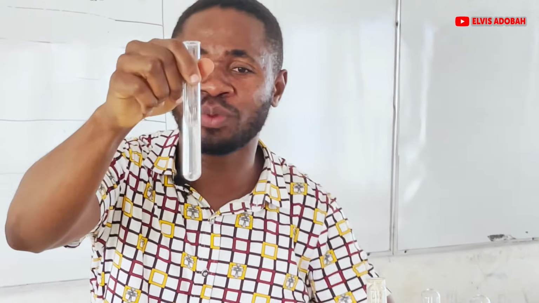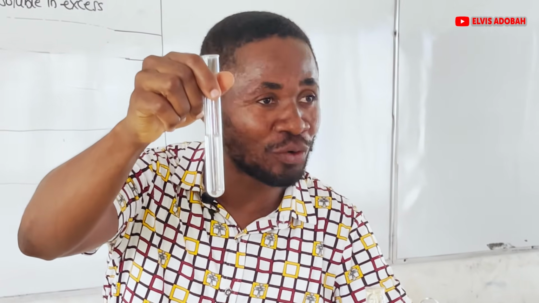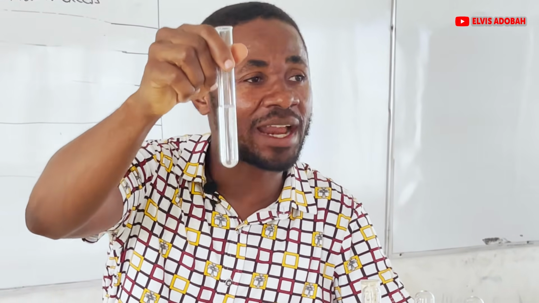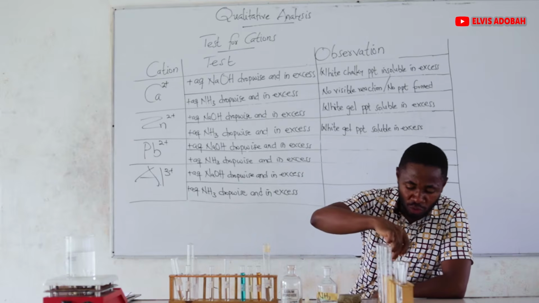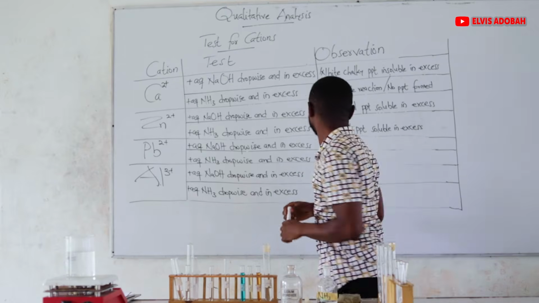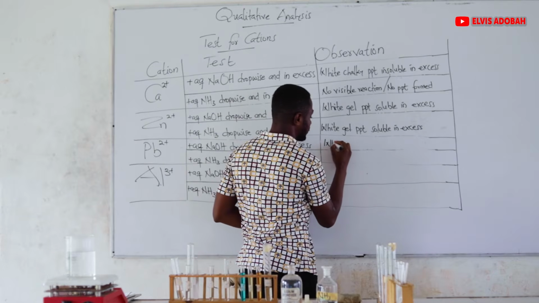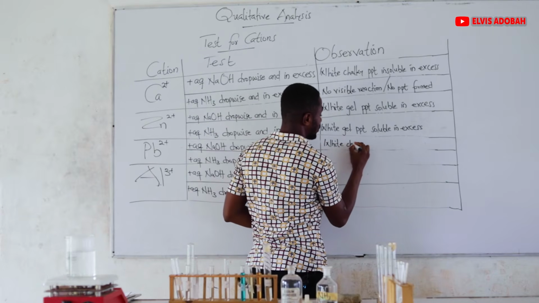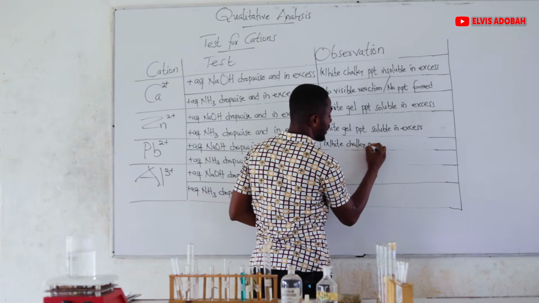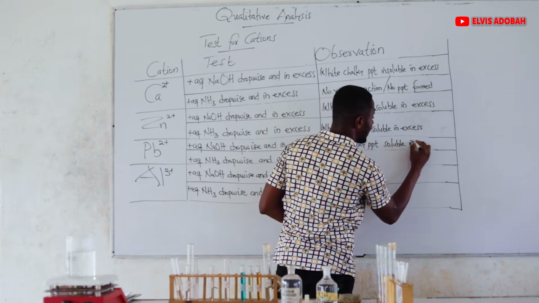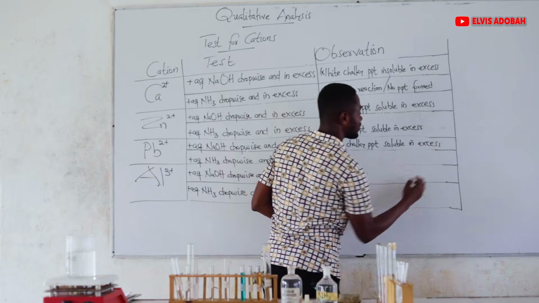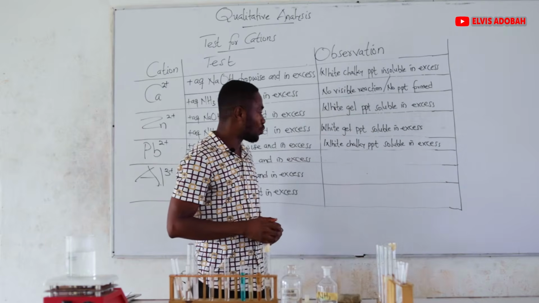Our white chalky precipitate dissolves, and we now have a colorless solution. So we would record our results. White chalky precipitate, soluble in excess.